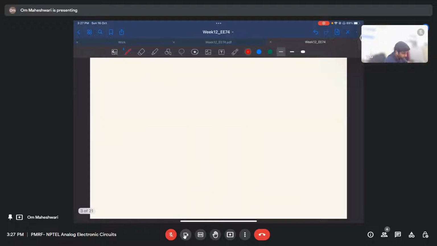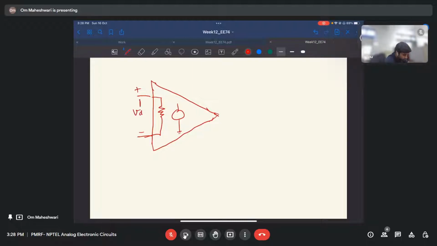So let me draw the op amp a bit bigger. This is positive, this is negative, and I'll draw the internal small signal circuit inside the op amp for reference. Say this is VD, the source will be A times VD, and it will be Z out.